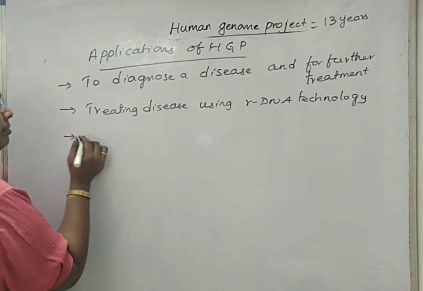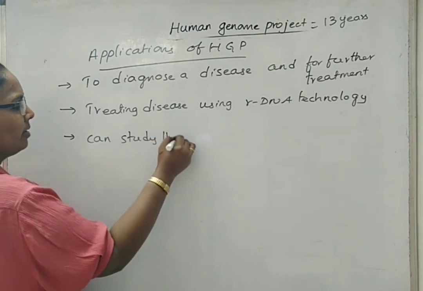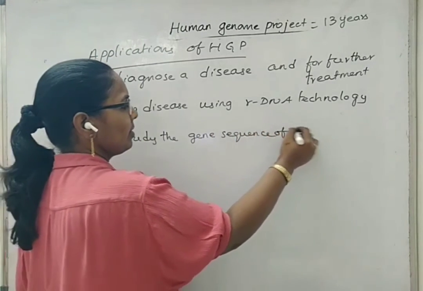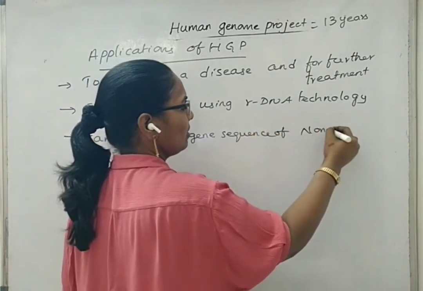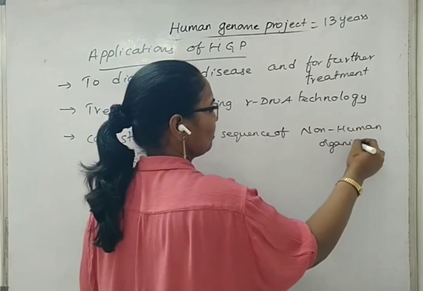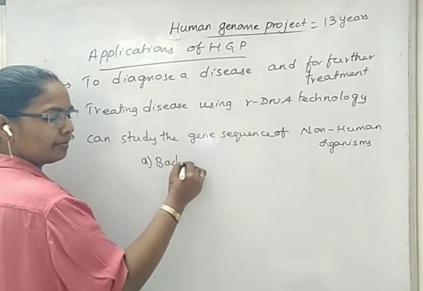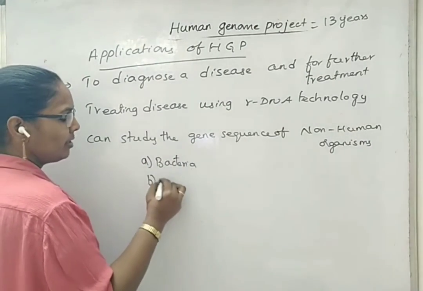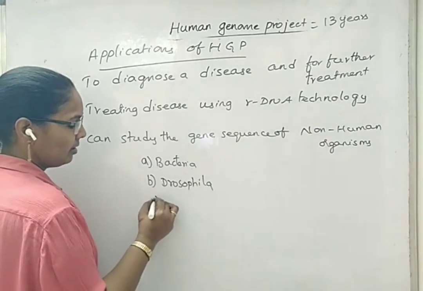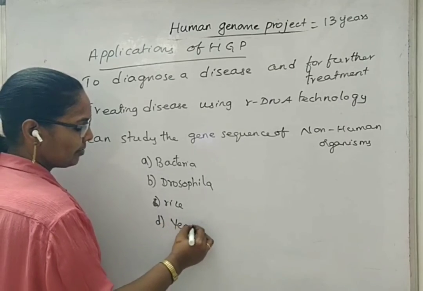So we can study the gene sequence of non-human organisms like first bacteria, second Drosophila, third rice, and yeast also.